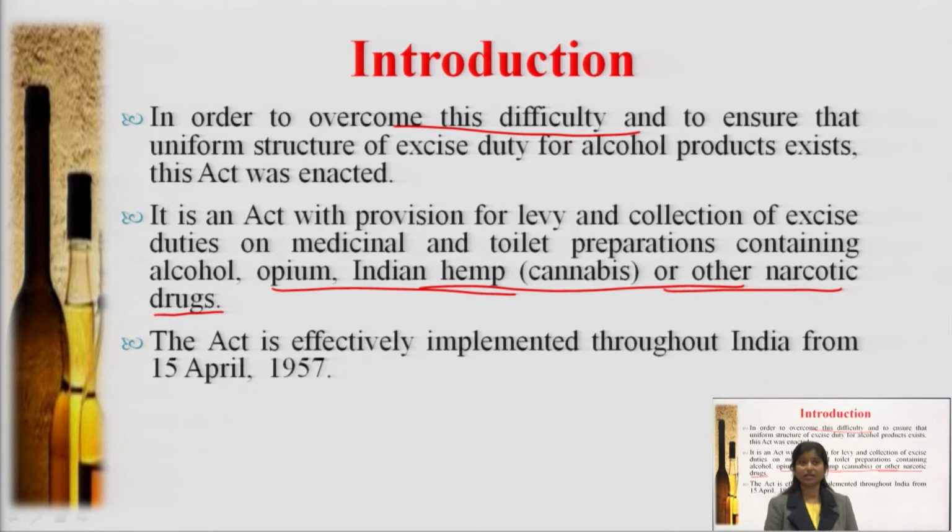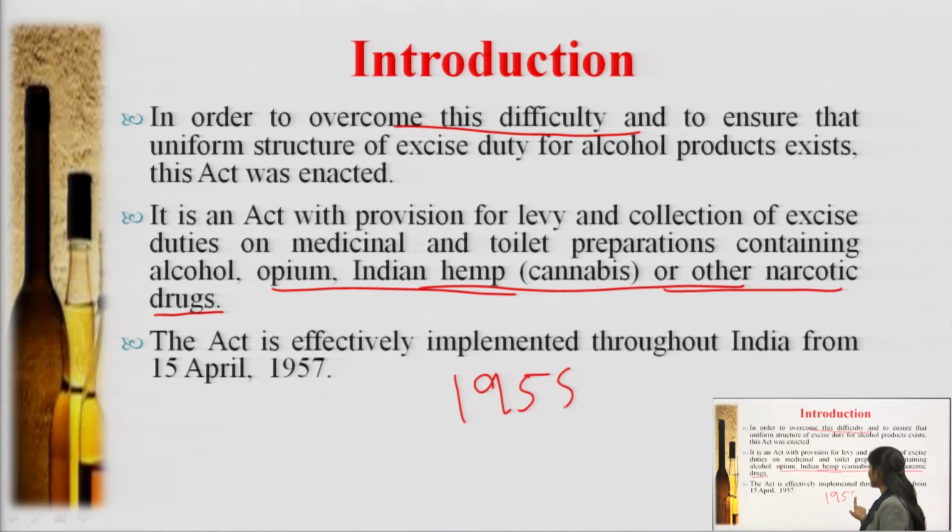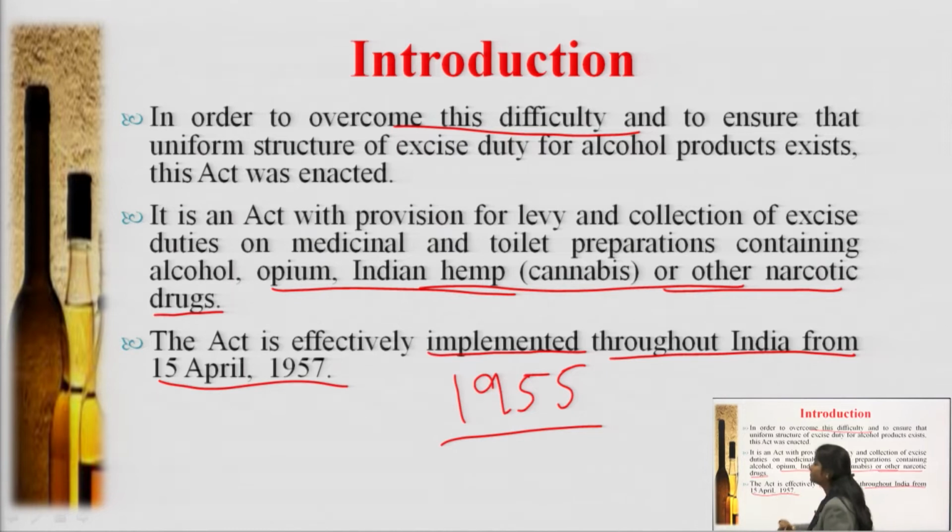The act is effectively implemented throughout India from 15th April 1957. According to your knowledge, let us see. We talk about 1955, when the act was brought forward, but when it was implemented, it was throughout India from 15th April 1957.